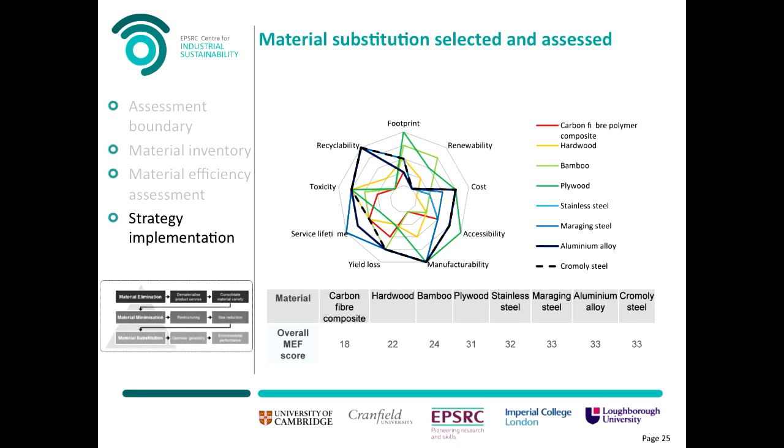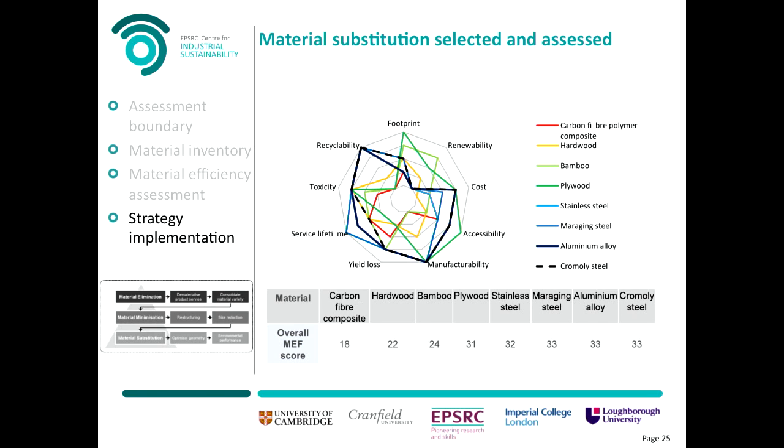So you use the material efficiency strategy hierarchy, and then that helps you to decide which kind of strategy you want to go for. In this case, for the bicycle, material substitution was chosen. And then a few substitute materials were assessed for their material efficiency in comparison with the original material.